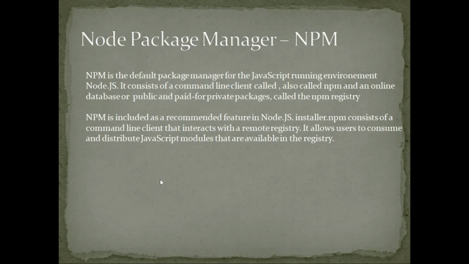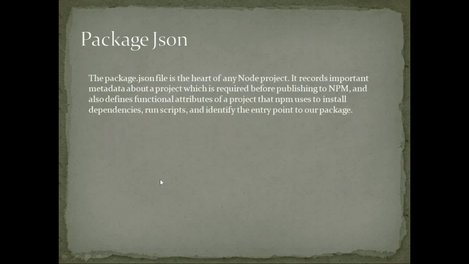Next we'll move to package.json. It is the heart of any Node.js project. Your project metadata, your project commands, and your Node.js configuration are all present in package.json. It records important metadata about the project which is required before publishing to npm, and also defines the functional attributes of a project that npm uses to install dependencies.